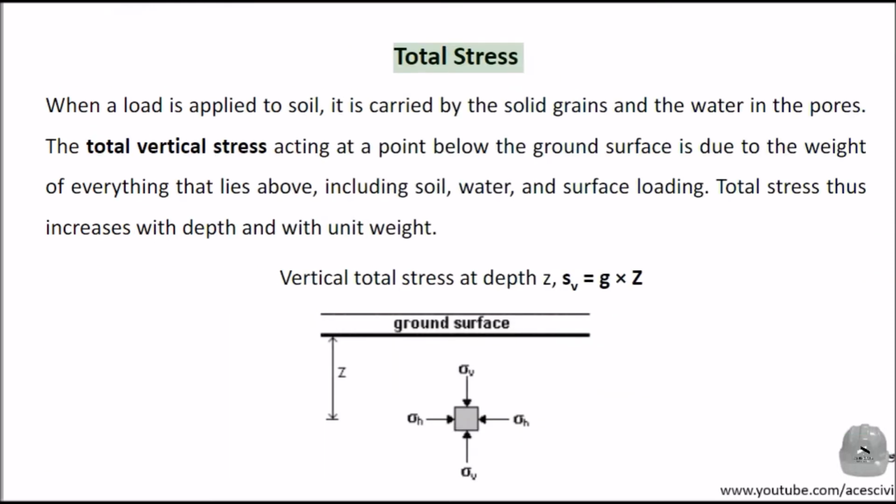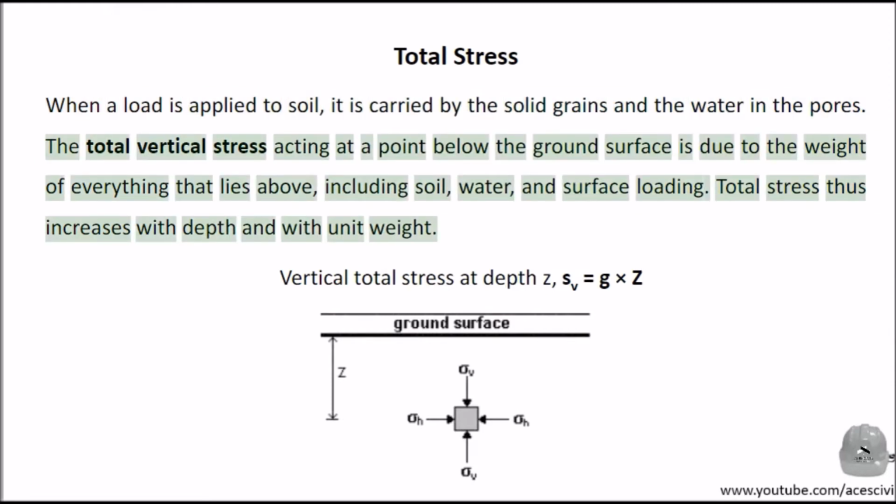Total stress. When a load is applied to soil, it is carried by the solid grains and the water in the pores. The total vertical stress acting at a point below the ground surface is due to the weight of everything that lies above, including soil, water, and surface loading.